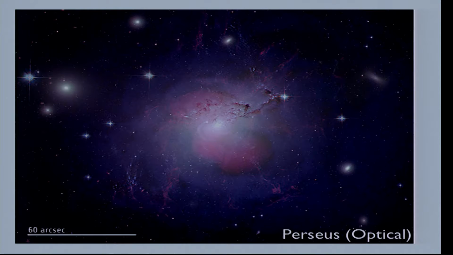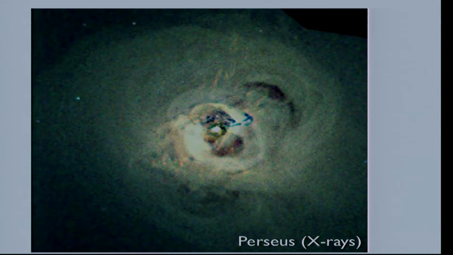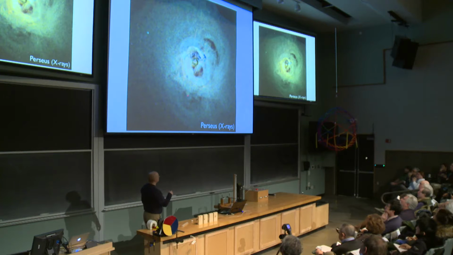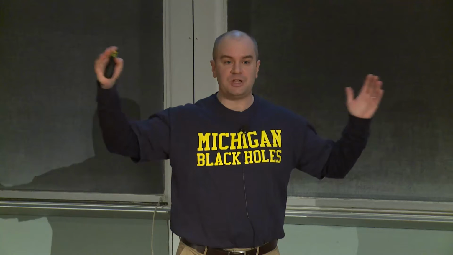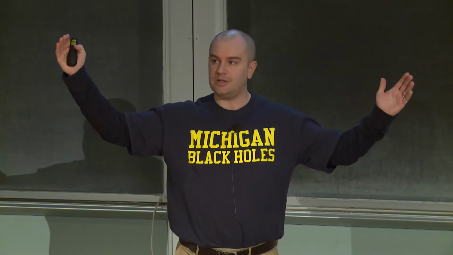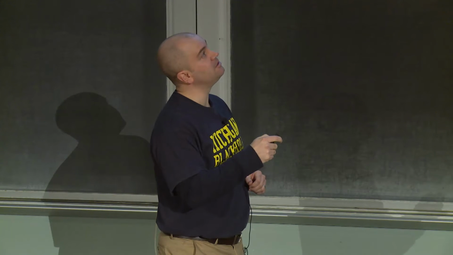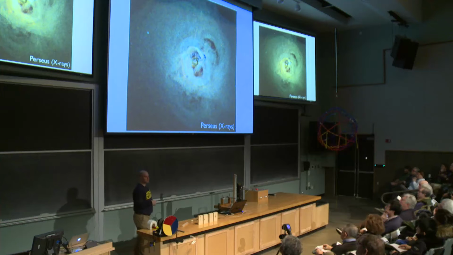So this is the optical image of Perseus. This is the X-ray image of Perseus. All the galaxies go away because they don't glow very brightly in the 10 million degree gas that the X-ray image samples. But you can see that there's this soup of hot gas pervading this region, and if you look closely, you see there are these arcs that look like they're sort of bubbles emanating out, almost like a lava lamp, right? The black hole at the center of this galaxy is blowing these bubbles.